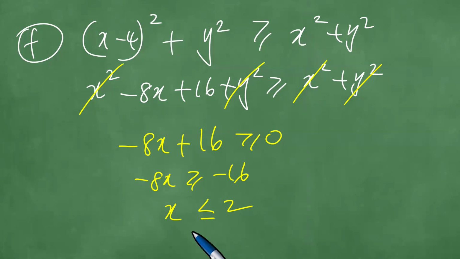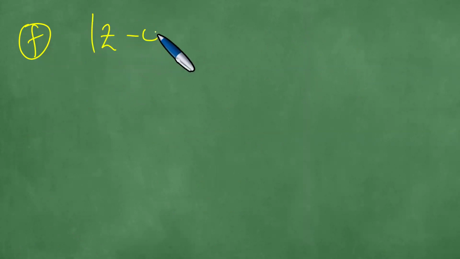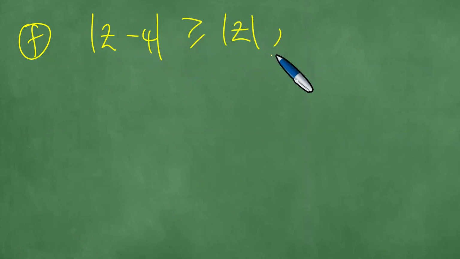So what kind of a set is this? In other words, in part F, we are describing the set where the modulus of z minus 4 is greater than or equal to the modulus of z.